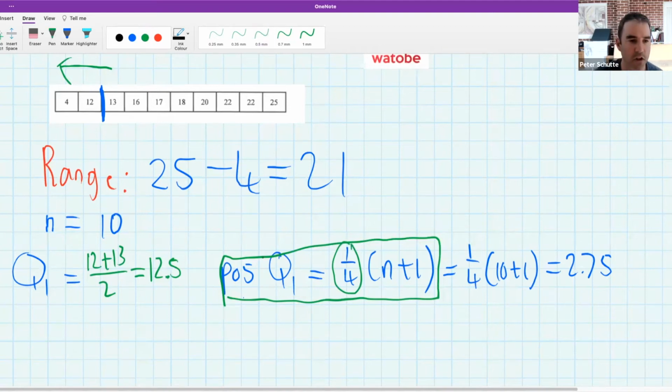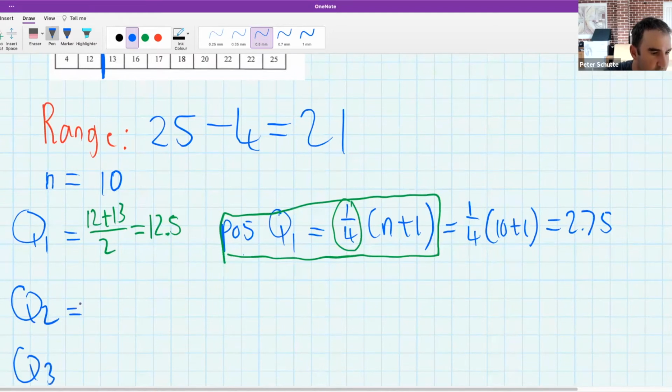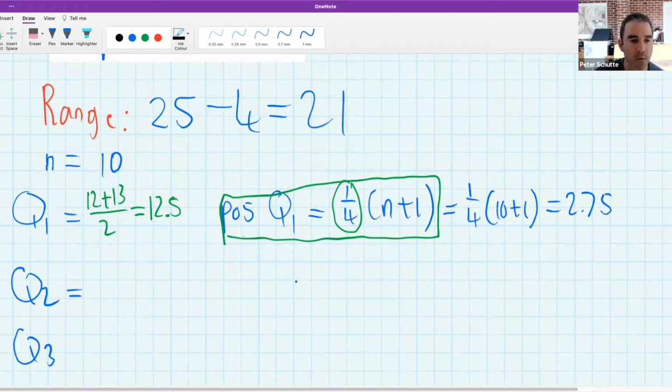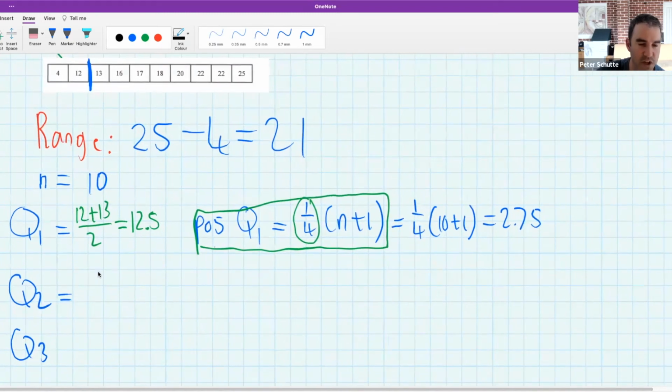Okay, now using the same technique, we are going to find Q2 and Q3. Now, like I said before, Q2 is the median. But what I want you to do is, for each of these, you are going to do what's called the position calculation, and then you're going to find me the value of the actual quartile number.